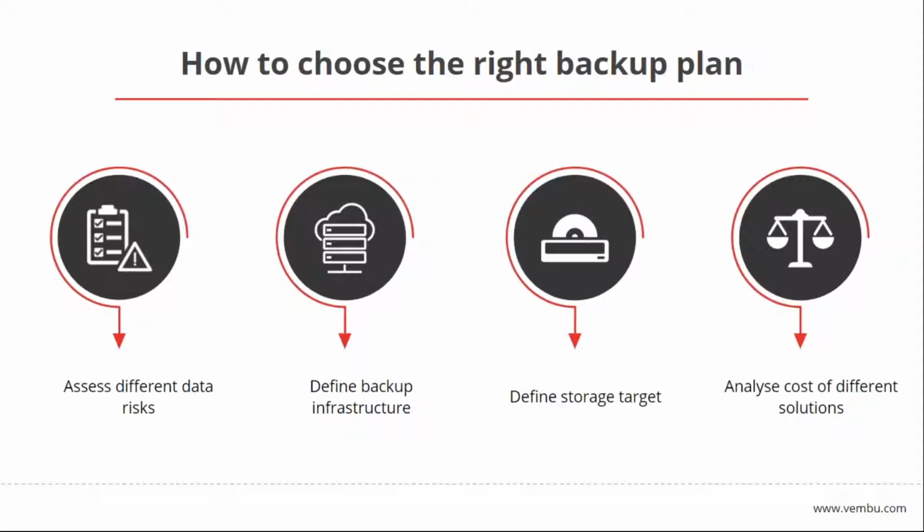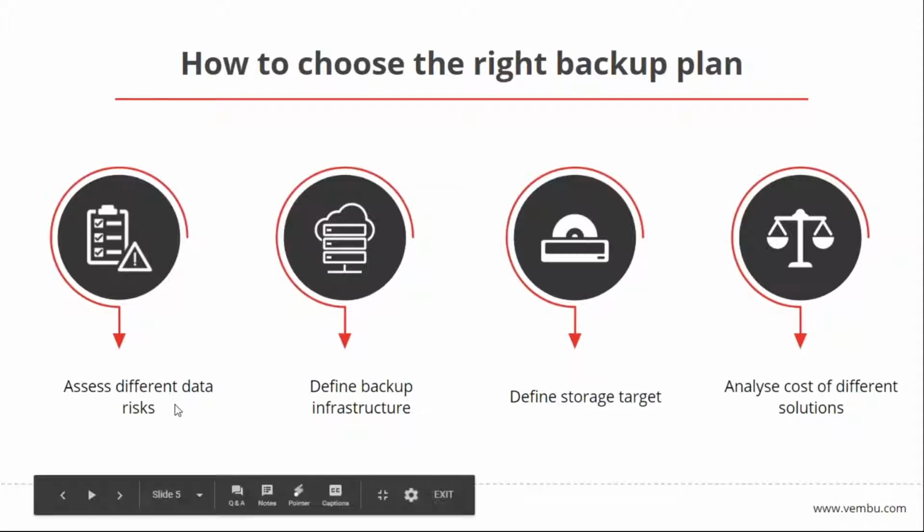For example, they can categorize 2 types of data: one is a critical file that they need to back up, and another may not be much important, so they can skip the backup. Even if that data is lost, it doesn't cost them much. So with that as an example, I request everyone to assess the data they want to back up and its risks.